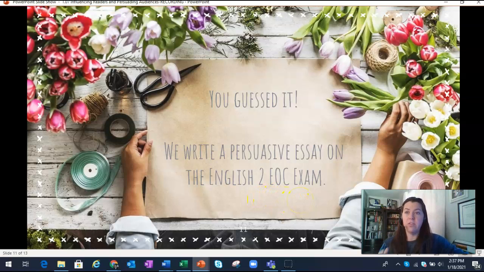So as part of the writing portion of your STAAR EOC, you do have to write a persuasive piece. So it's important, A, that we can read and understand what a persuasive piece looks like, but then secondly, that we can take those same things that we see when we read and put them into our writing to create a persuasive essay.